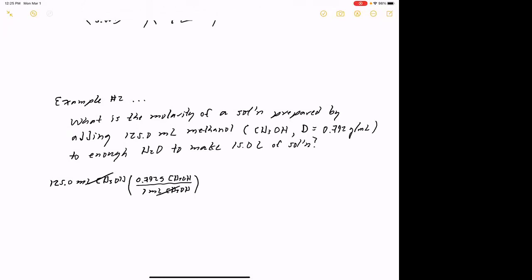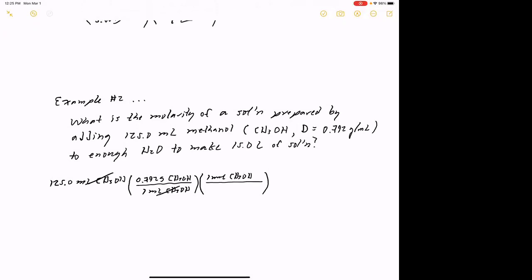Okay, so now that I've got the mass of it, I can use the molar mass to get me to the moles of the methanol. All right, moles are what I want on top, so I'm going to put 1 mole of CH3OH up there. And again, I know that the formula of methanol is CH3OH, so I can go to the periodic table off to the side and calculate the molar mass of it.